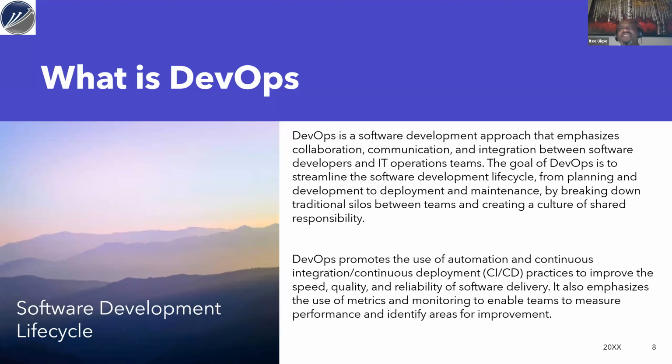Okay, now that takes us to the question, what is DevOps, right? I put a sentence here that DevOps is a software development approach that emphasizes collaboration, communication, integration between software developers and IT operations teams. Okay, now listen, DevOps is not these tools that I just showed you.